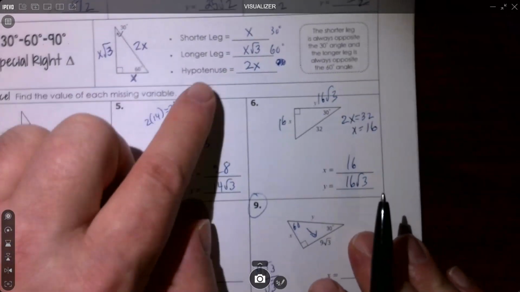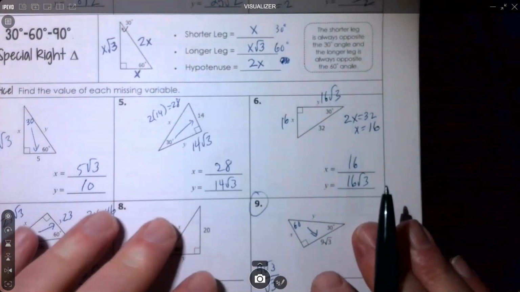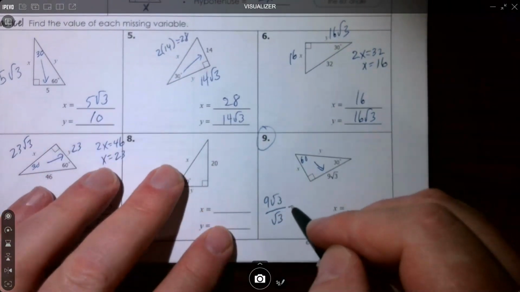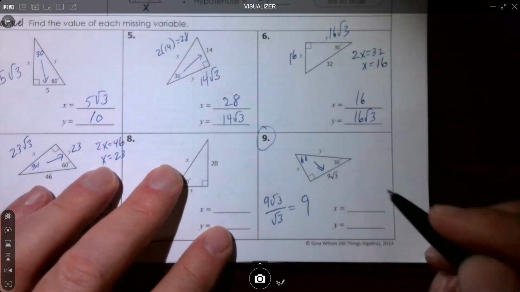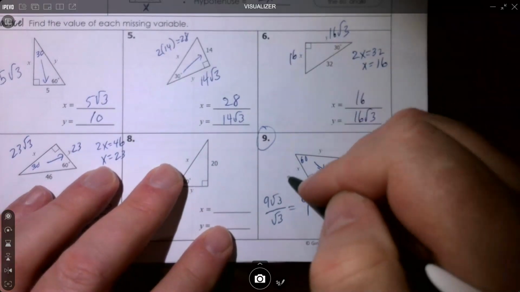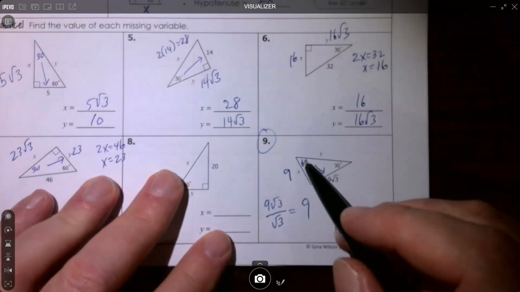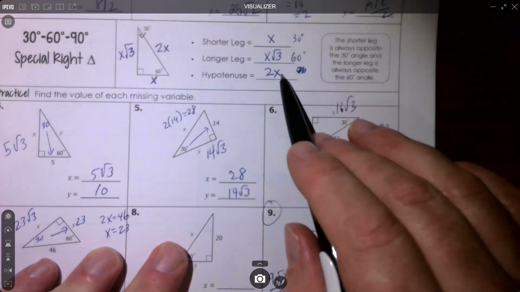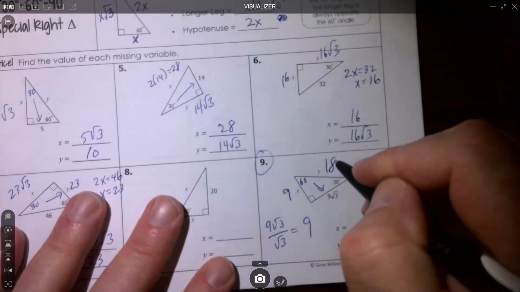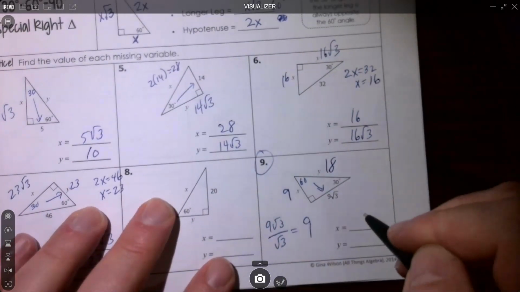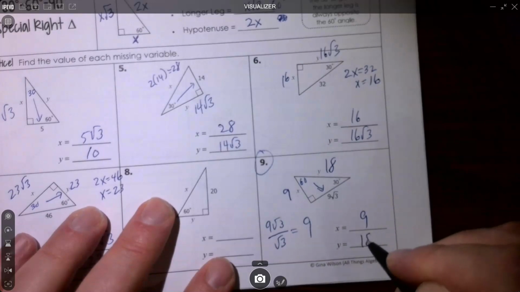If you compare 9 square root of 3 and x square root of 3, you already know what x is going to be. But anyway, you get 9. So the short side is 9. If the short side is 9, the hypotenuse is always 2 times it. So that's 18. All right, so x is 9 and y is 18.